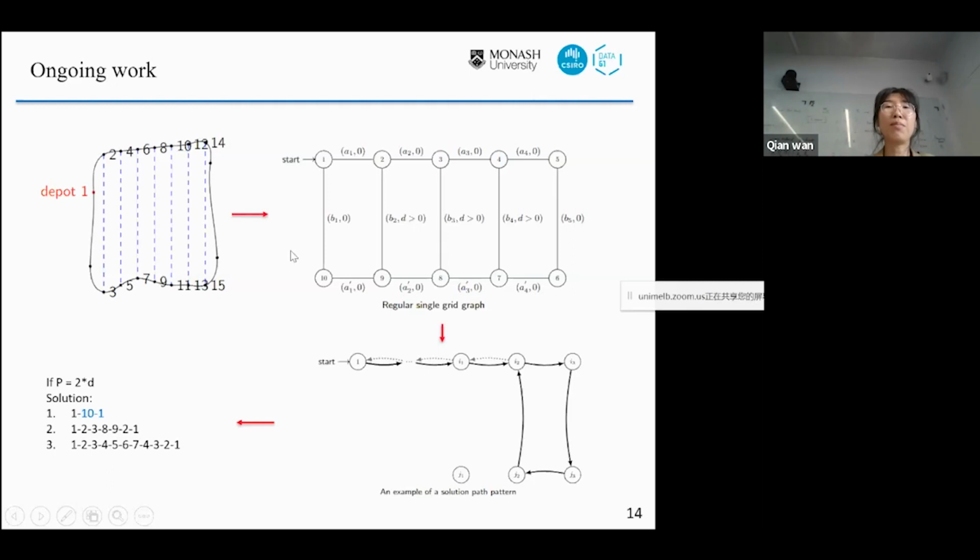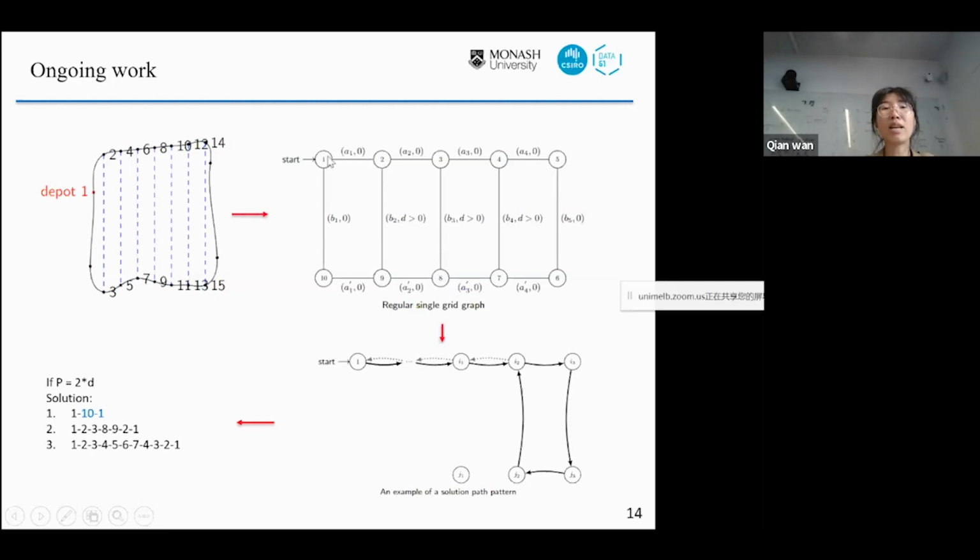For example, if P equals D, which means a robot's capacity can satisfy two demand edges. In this situation, a solution pattern for this regular single grid graph should be: the first robot sprays 1 to 10 and then goes back to 1, and the second robot starts from 1 to spray 2, 3, spray 3, 8, and then back to 9, spray 9, 2, and then back to 1.